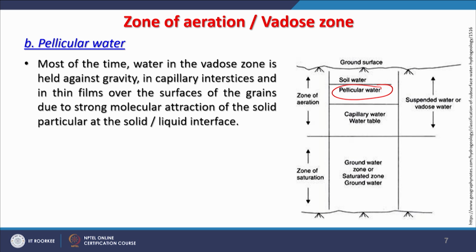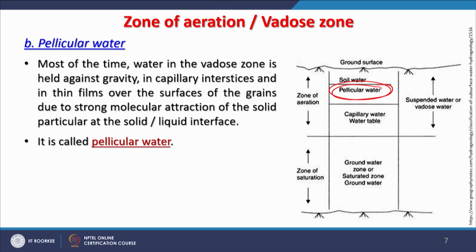What happens is that when there are gaps, natural capillary tubes are generated, and then the movement of water occurs. Generally this water moves from bottom to upward, because the top part is getting unsaturated and the lower part has some more moisture. So, from higher to lower moisture areas it goes, and this is called the pellicular water.